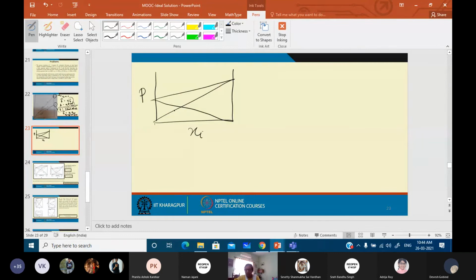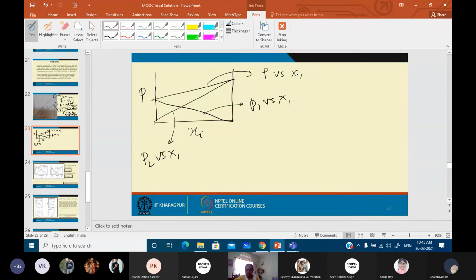Okay, so this is the phase diagram for an ideal solution, right? For an ideal solution, this is P1 versus X1, this is P2 versus X1, and this is P or PT versus X1. This was for an ideal solution.